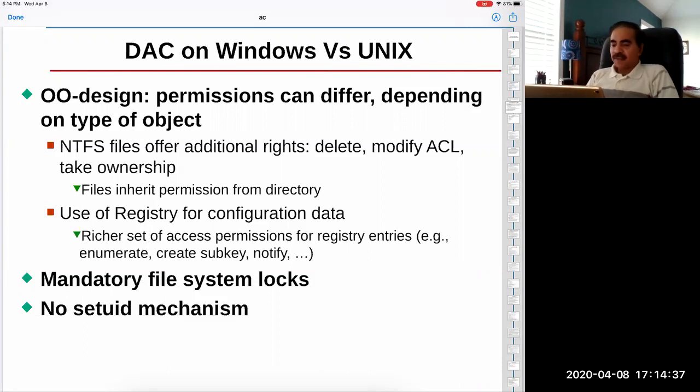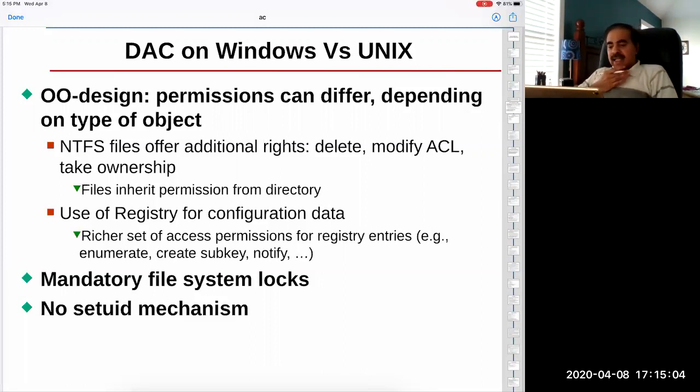So it's a little bit more difficult to use, but the flexibility is there. But again, in practice, most Windows users don't even know how to check the permissions on files, and so the use of Windows file permissions is less than the use on Unix.